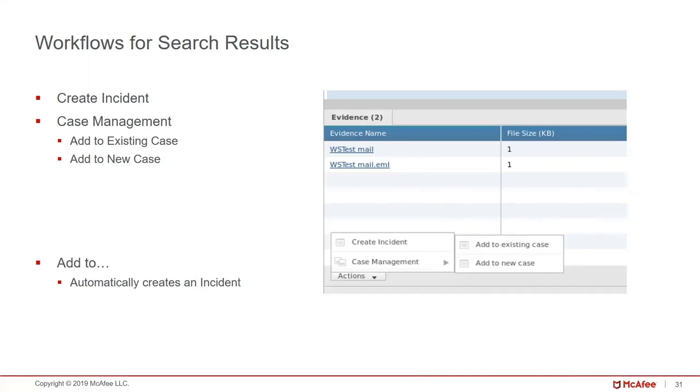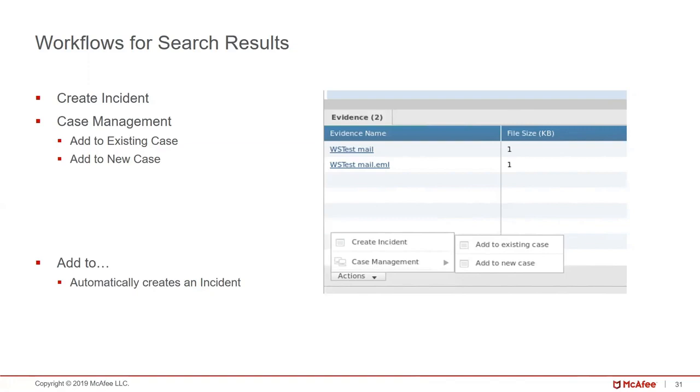So let's say, for example, you have some data that was sent through your appliances that maybe a rule should have caught but didn't catch because it was not configured correctly or some other issue was going on. But it needs to be investigated because it was top secret information or something like that. You can create an incident from the search results, and that can, of course, be investigated from that point on.